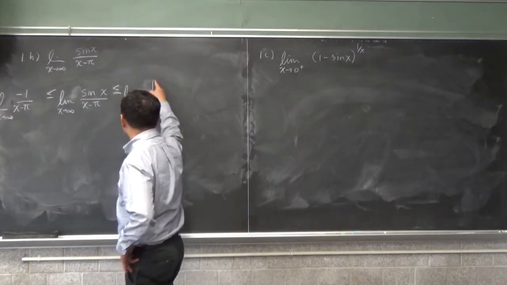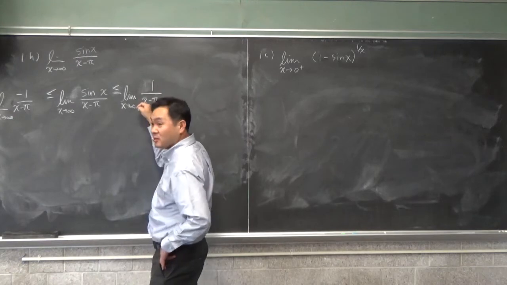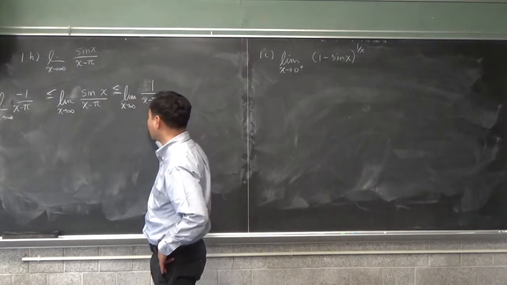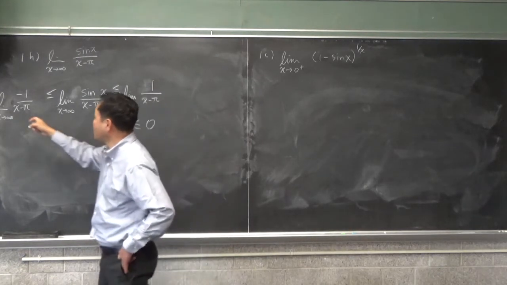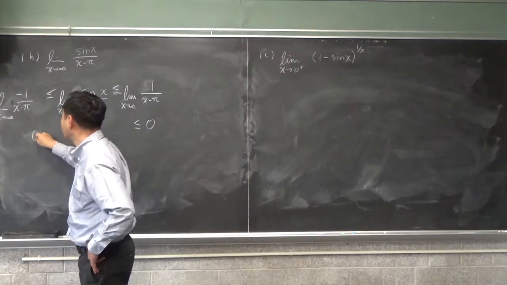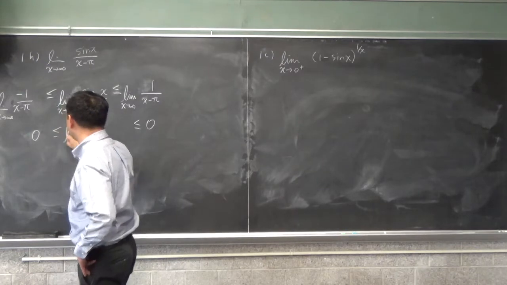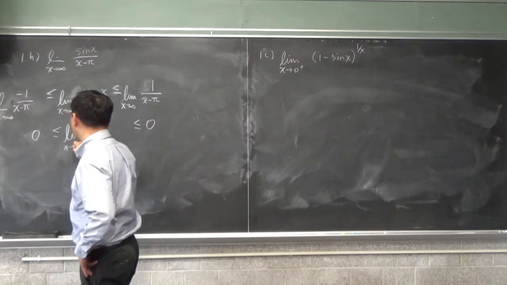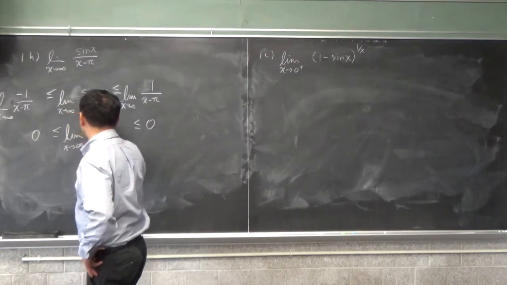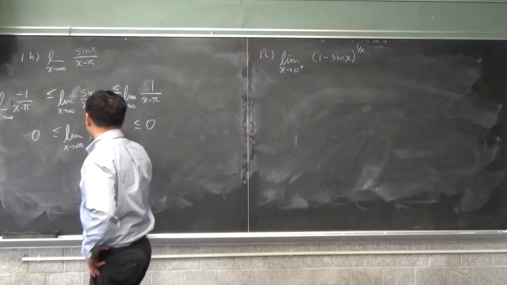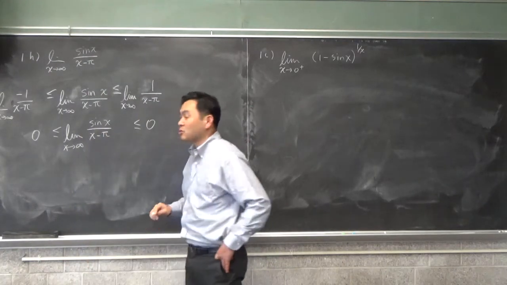But what is this limit? If you divide 1 by infinity, you get 0. What is this limit? Negative 0, which is 0, right? Now the squeeze theorem is actually slightly more general.